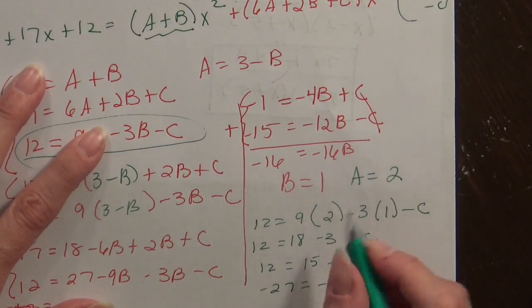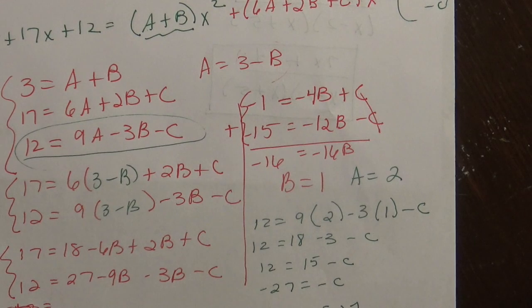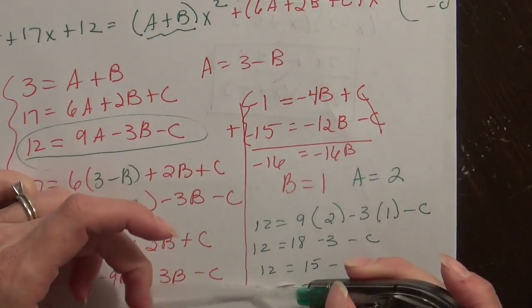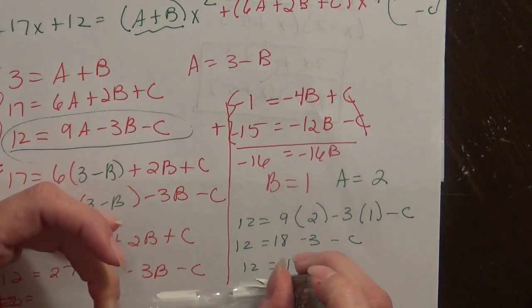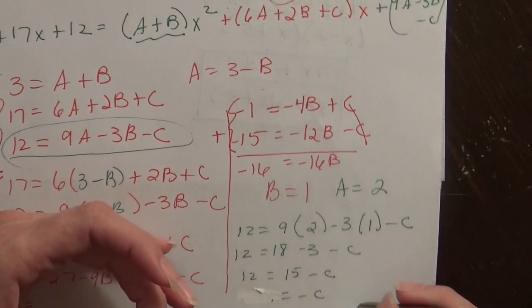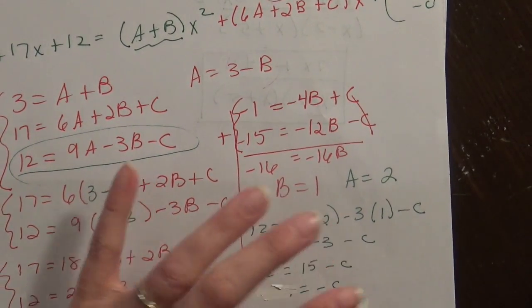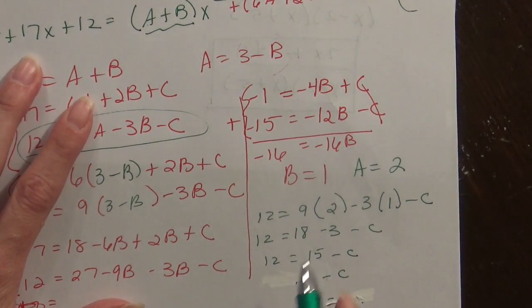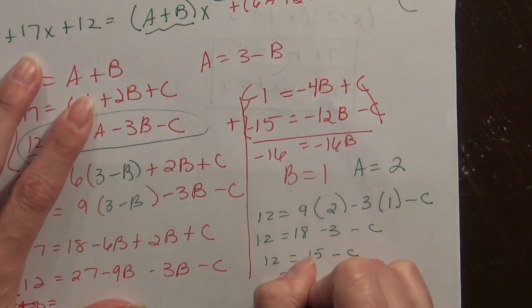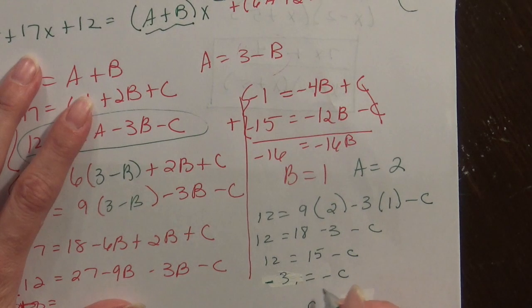I subtract 15 on both sides, and I wish I had my white out, but I don't. It's a mess, but okay. So back here, I want to subtract 15 on both sides. If I subtract 15 here and here, I've got -3 equals -c. And then if I divide both sides by -1, I get c equals +3.